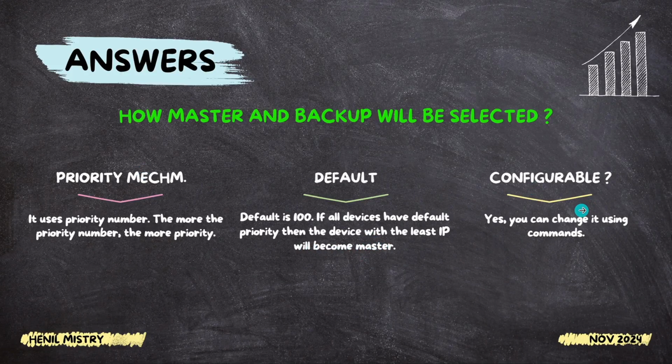And the last thing is configurable. This priority is the number that you are seeing over here, and you can change it using commands. So you don't need to worry; you can make any device a master by altering the priority value.